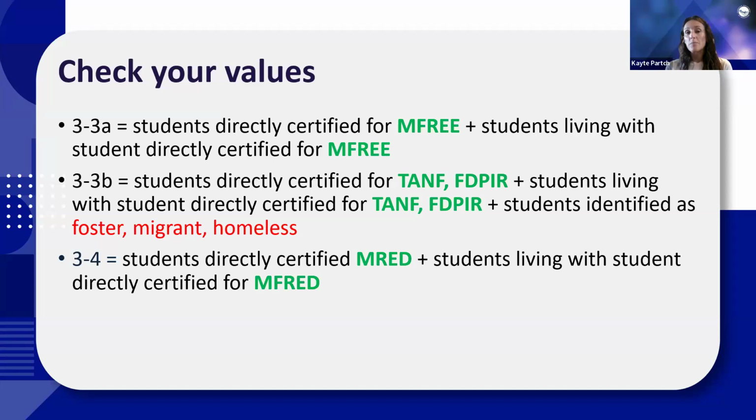In 3-3B, you're aggregating the students directly certified for TANF and FDPIR, along with any other students who may live with a student matched for TANF or FDPIR, plus those students who are identified as foster, migrant, or homeless. And finally, in 3-4, you're reporting the students directly certified for Medicaid reduced, as well as any other students who might live with that student that was directly certified for Medicaid reduced.